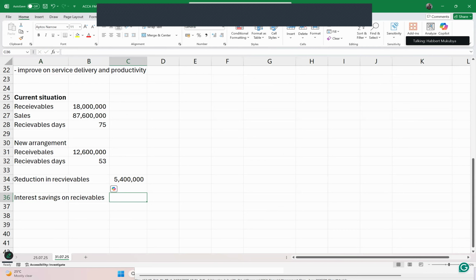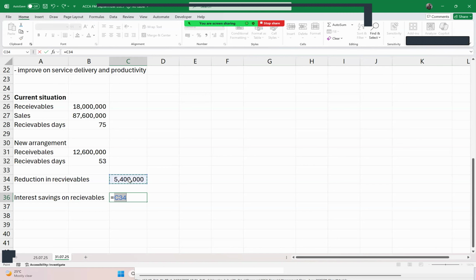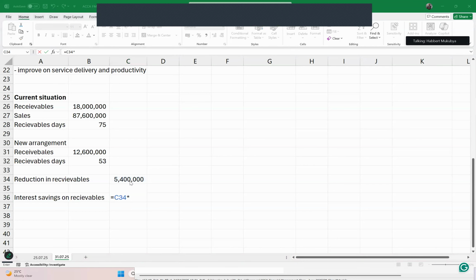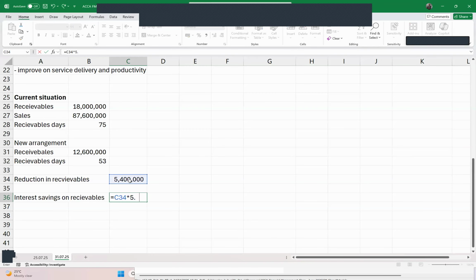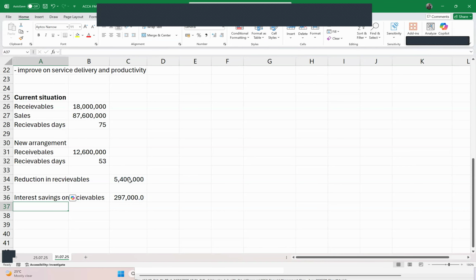Because you see, when you have receivables, because that's working capital, you normally finance it using a loan. So it means that we shall save interest of how much? They told us that interest is at 5.5. So we shall save interest of 297,000.